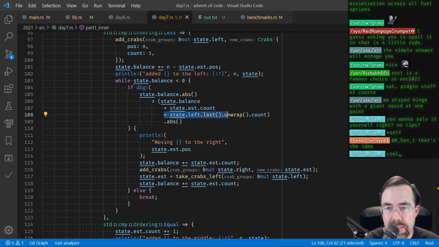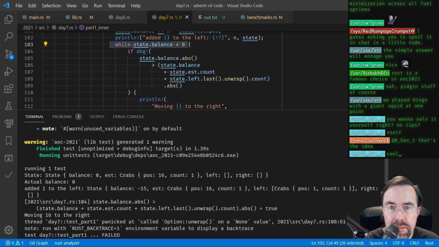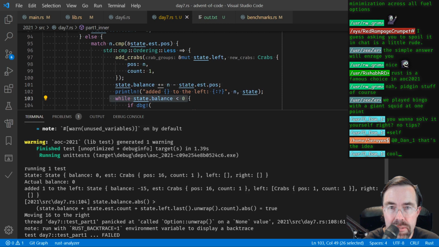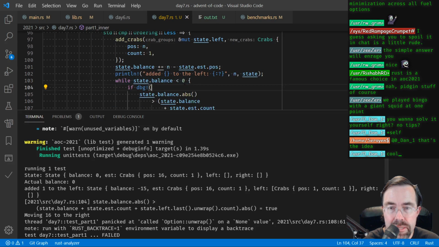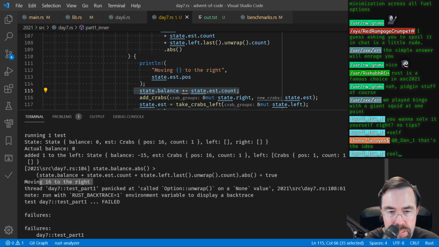Shouldn't it have added it to the left? Oh, probably because of this while, right? It moved it, and then it... Yeah. Wait. Why is it while less than? Oh, probably because this is not correct now. So it added to the left, it moved it to the right, and then panicked because the balance was still wrong.